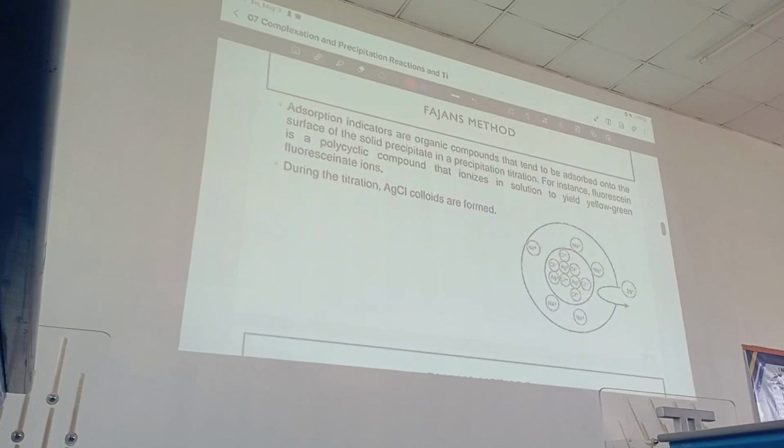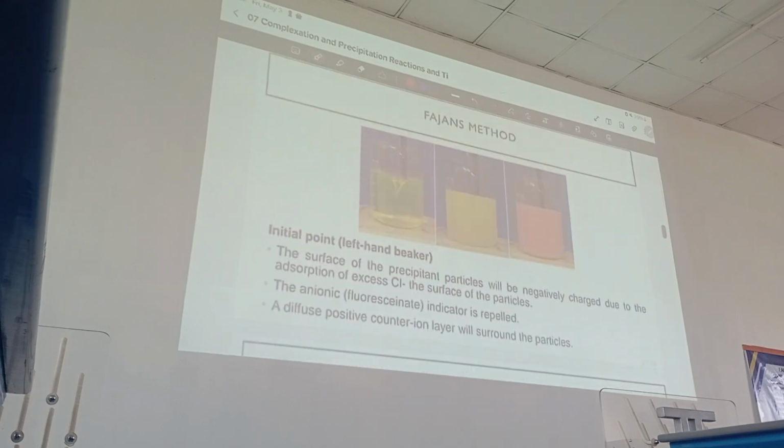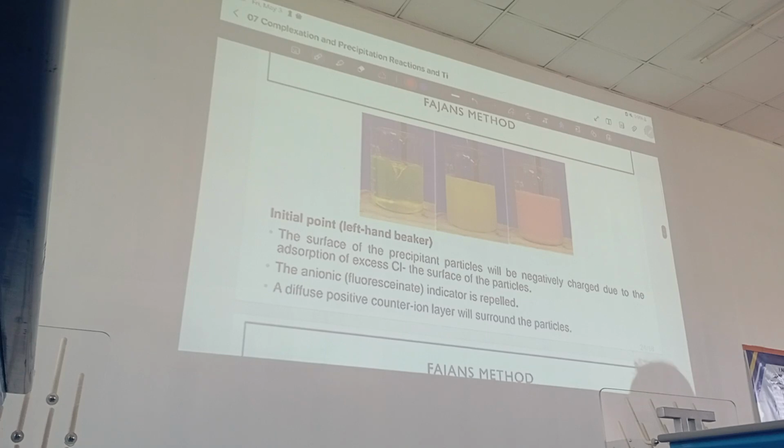Next. Adsorption indicators are organic compounds that are meant to be adsorbed onto the surface of the solid precipitate. During titration, AgCl colloids form, and your indicator sticks to them through adsorption. At the initial point, the surface of the precipitate particles will be negatively charged due to the adsorption of excess Cl on the particle surface. It is called fluorescein, which is why the indicator is like glow in the dark.